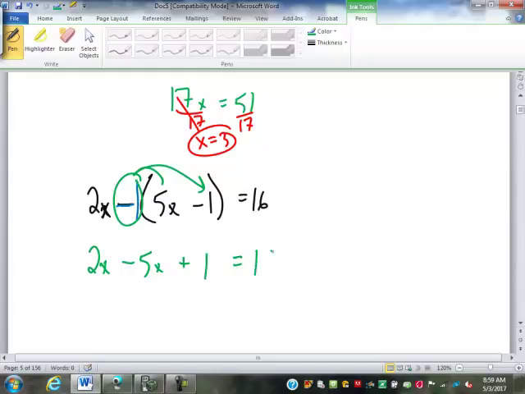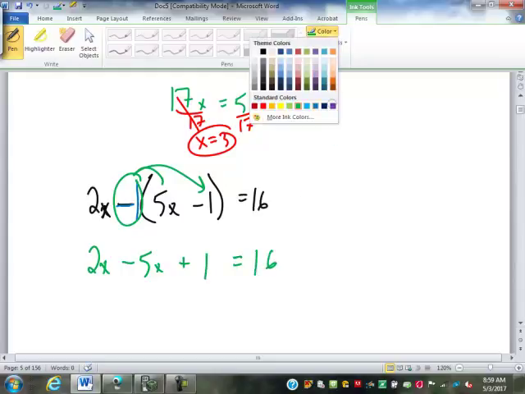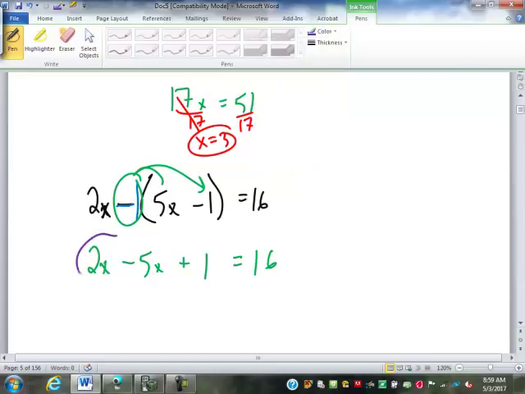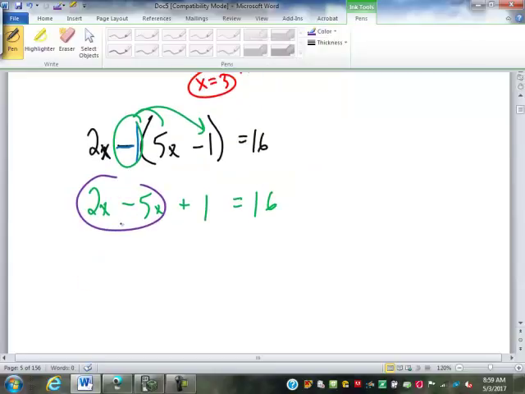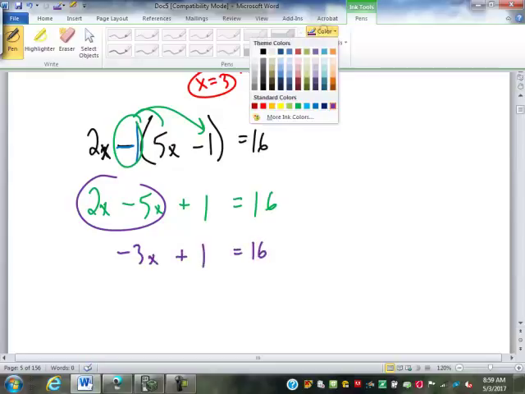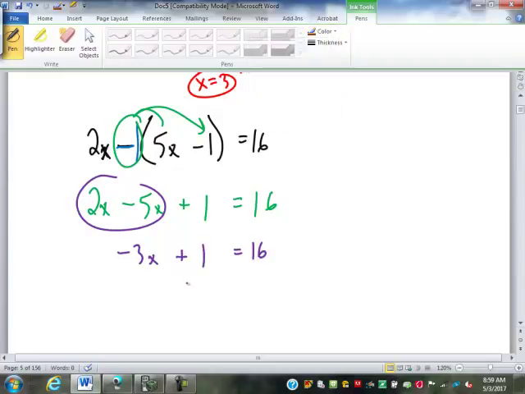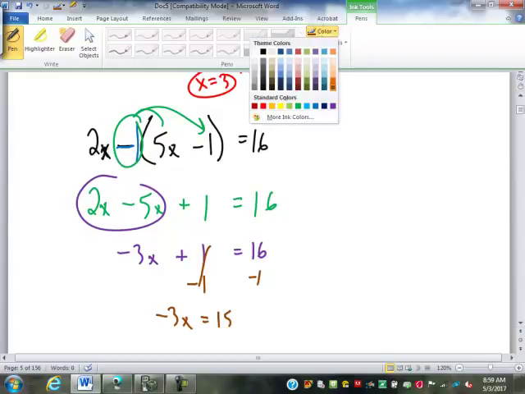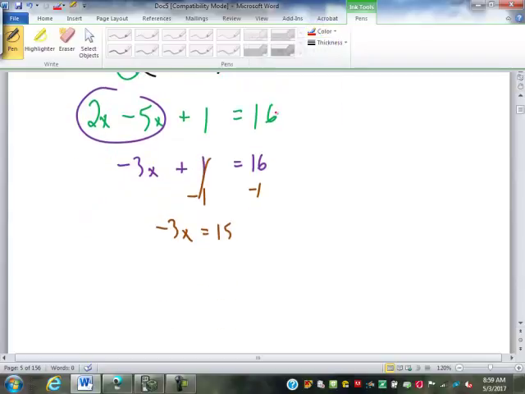Very good. And now we have to combine 2x and negative 5x, negative 3x. Then what? Subtract 1. Negative 3x equals 15, and then divide by negative 3.